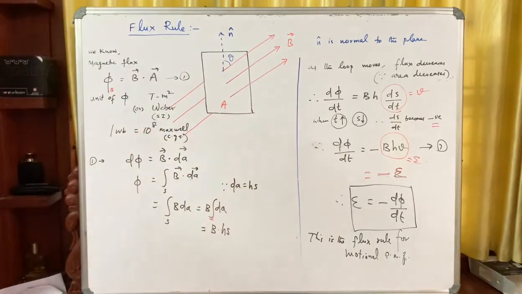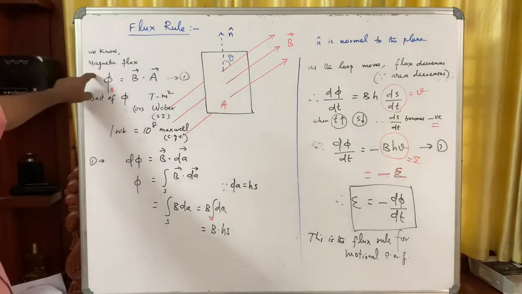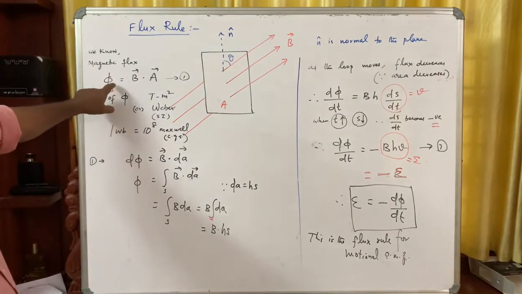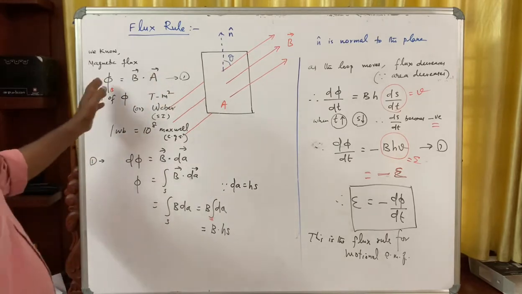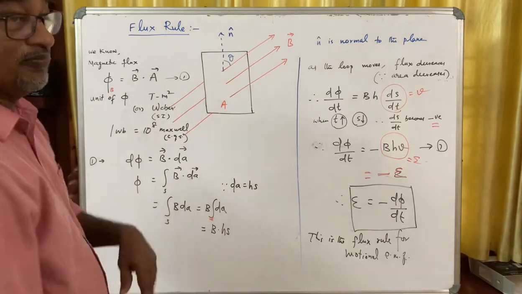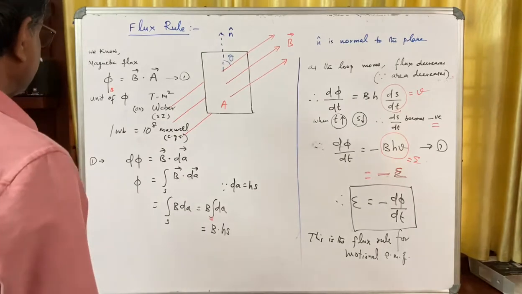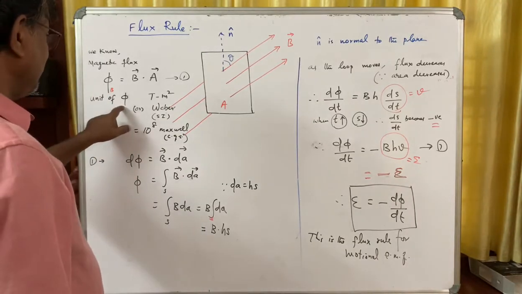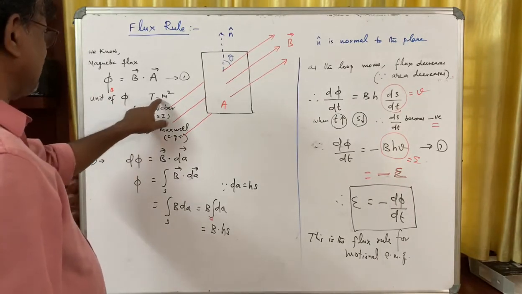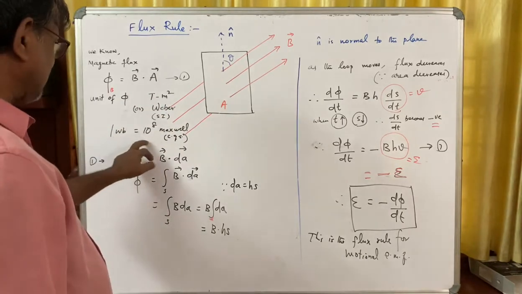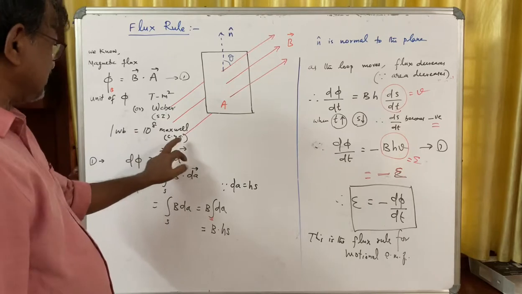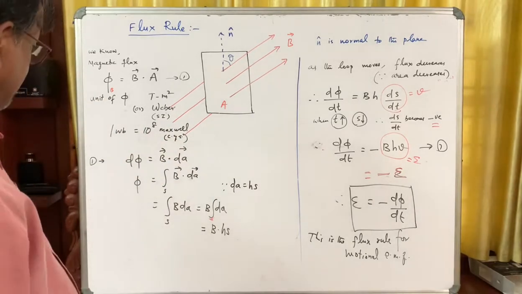We know magnetic flux phi is equal to B dot A. The unit of phi in SI is tesla meter squared or weber. 1 weber is 10 raised to 8 maxwell. Maxwell is the CGS unit of flux.